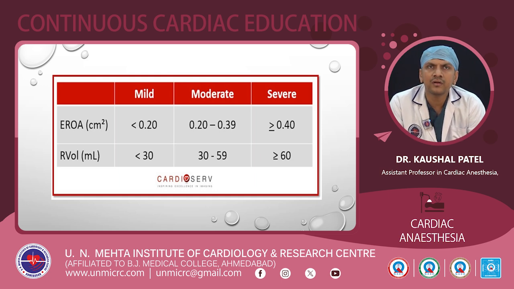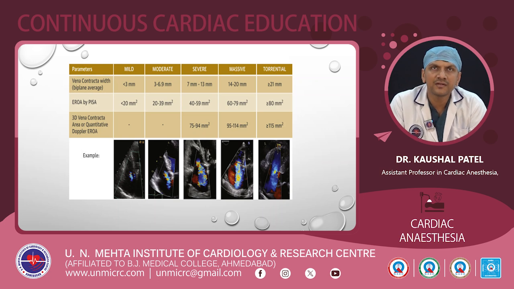By that we can also tell the regurgitant volume, how much volume goes back to the LA with each LV contraction. If less than 30 ml, that is mild, 30 to 59 ml is moderate, and greater than 60 ml is severe. So by vena contracta and the effective regurgitant orifice area, we can quantify the MR as mild, moderate, severe.